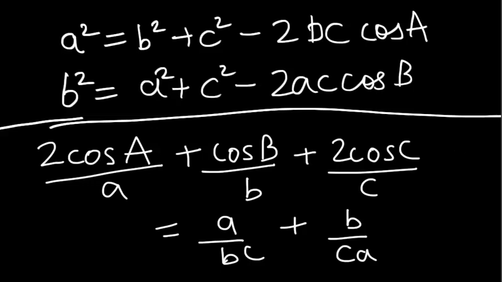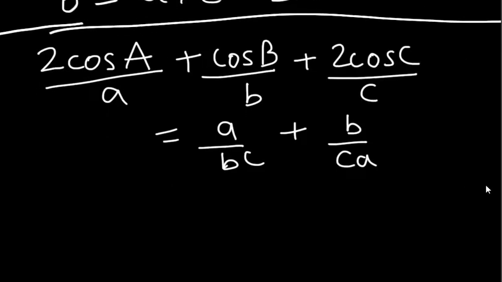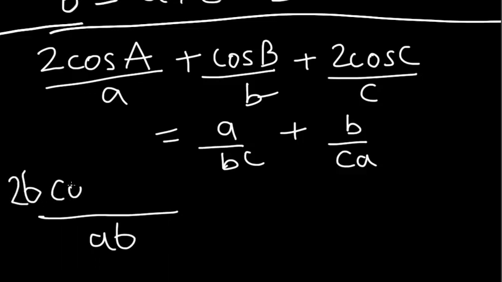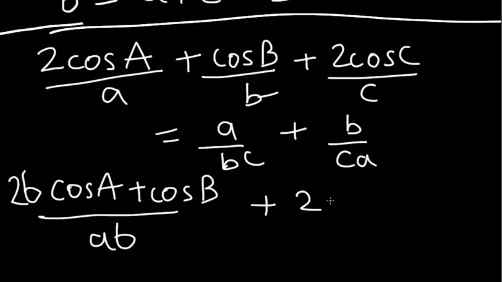So let's see what happens when we go in this direction with our initial goal. Let's take the least common multiple of the first two terms, because I think we are going to see that we can apply the projection formula. If we do that, we get ab in the denominator, and in the numerator we get b times 2 times b cosine of A plus cosine of B, plus this term remains the same, 2 cosine of c divided by c.